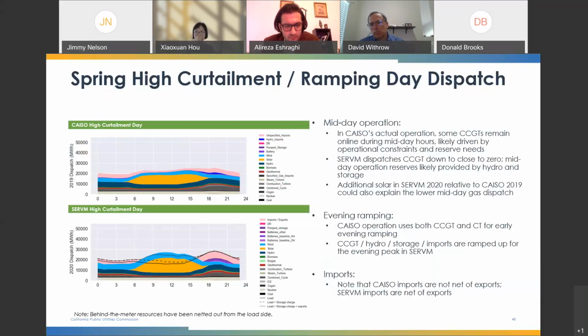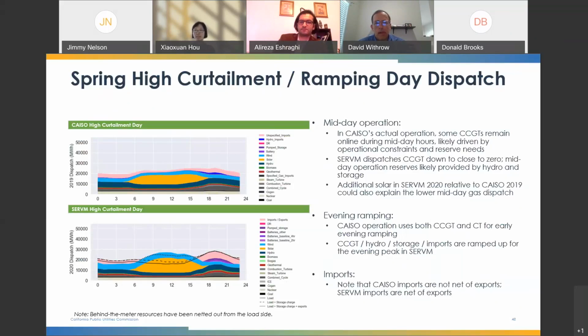The reason we wanted to look at this is because this is a type of condition that will be a lot more prevalent going into the future. And we thought it's interesting to make sure that SERVM is behaving well in this kind of situations. And again, similar story, the two days' dispatch patterns look pretty similar.